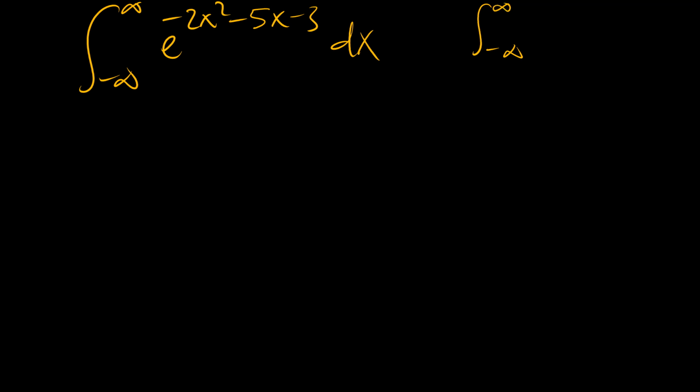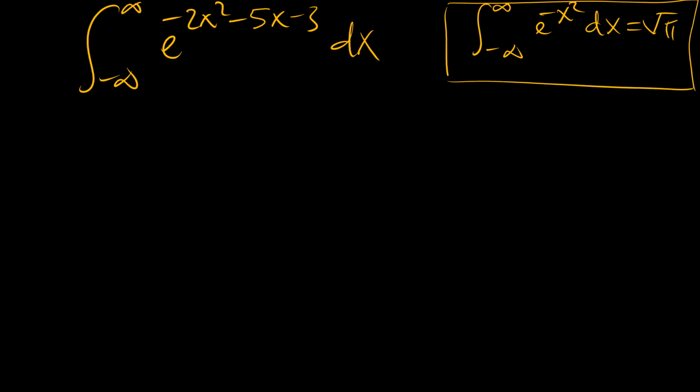the Gaussian integral, which is the integration from x tending to negative infinity to x tending to positive infinity of e to the power negative x squared, which is equal to the square root of pi. This is going to be our basis or our axiom, the assumption that we know that.